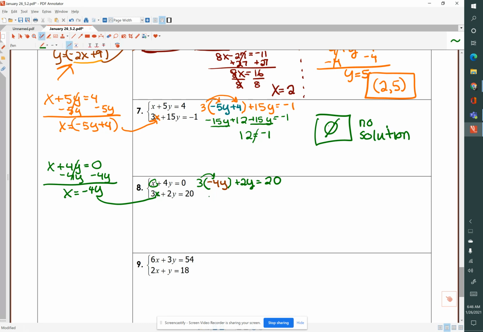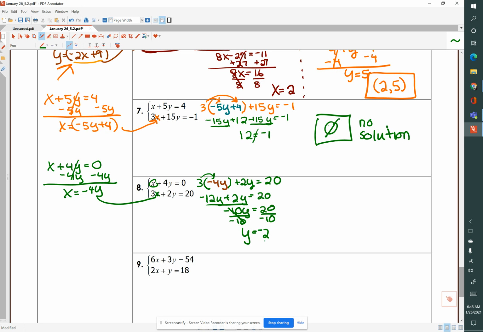Three times negative 4 is negative 12y plus 2y equals 20. And negative 12 plus 2 is negative 10. Negative 10y equals 20. Divide both sides by negative 10. And y equals negative 2.